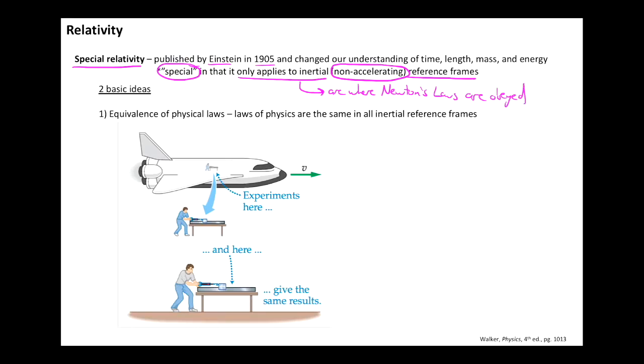In other words, Newton's first law said that if something doesn't experience a net force, it's going to keep doing what it's doing. If it's moving at a constant velocity, it'll just keep doing it. If it's stopped, it'll just keep doing it. It's the idea that if you're sitting on an airplane and it's moving perfectly with no acceleration in any direction, if I set something on the tray table, it just stays there unless somebody pushes it, right? An accelerating reference frame would be in the plane when all of a sudden we start speeding up, and all the stuff on the tray table falls in your lap.